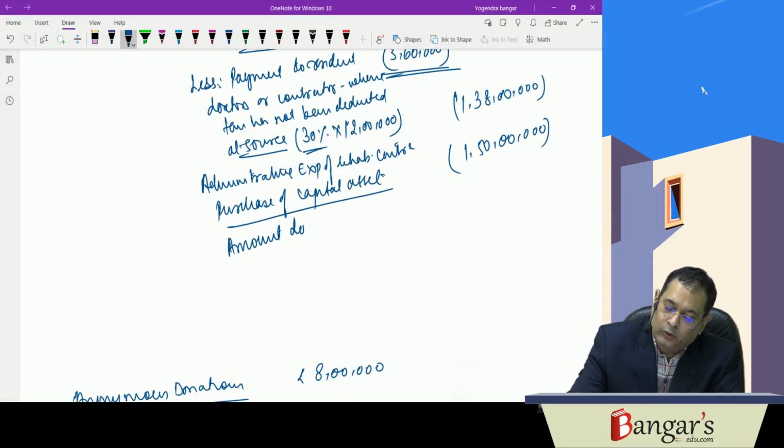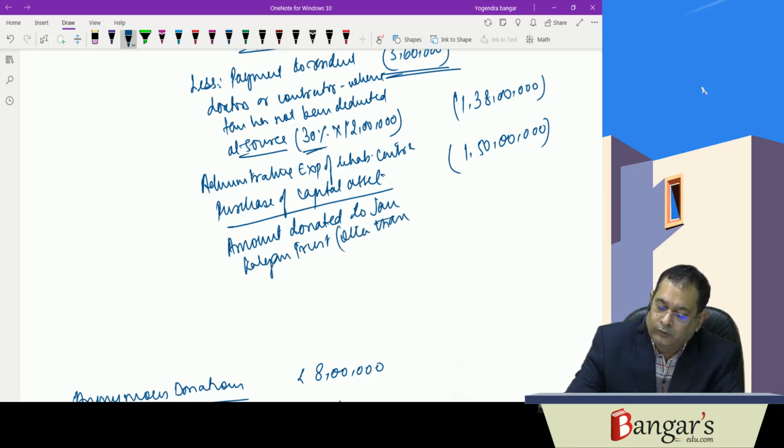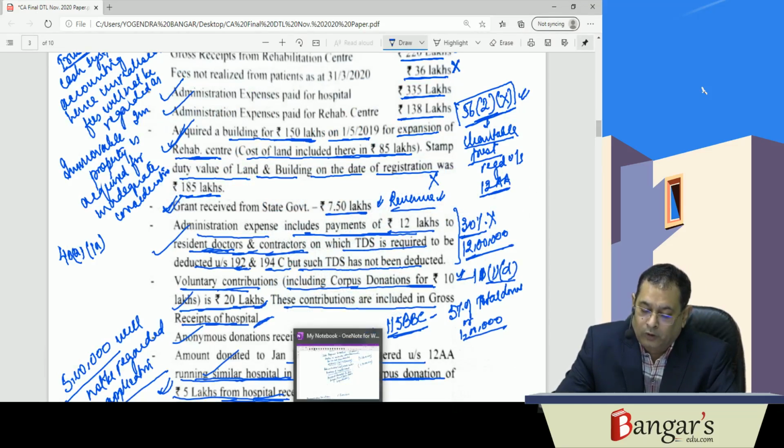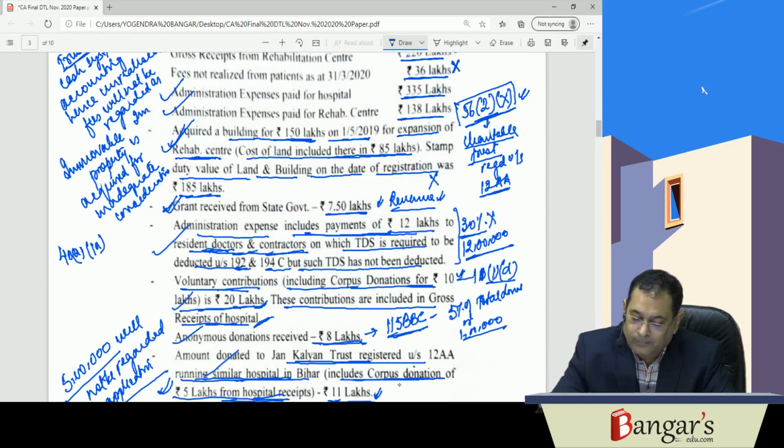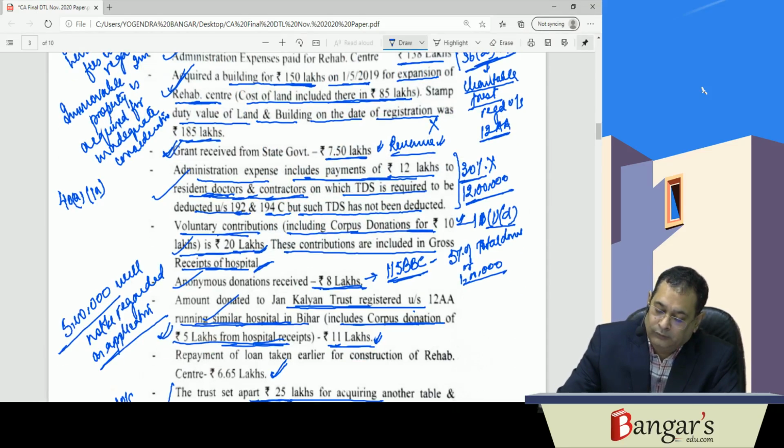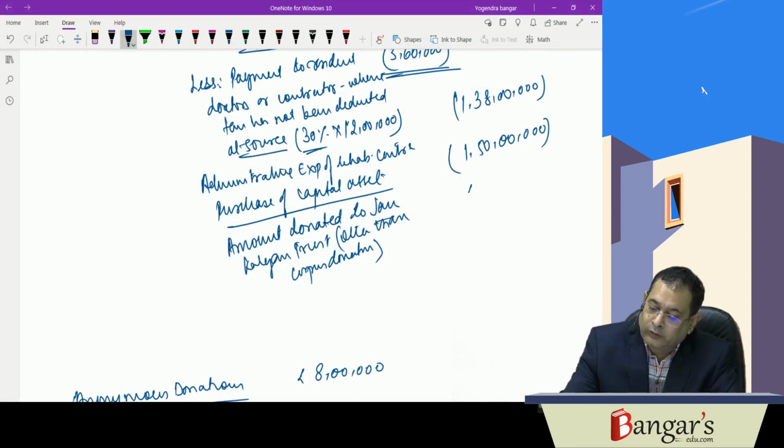Amount donated to Jan Kalyan Trust, other than corpus donations, because we have already told you corpus donations to other trust will not be regarded as application. 5 lakh rupees is this. So 6 lakh will be regarded as the application. That is 11 lakhs minus 5 lakhs.